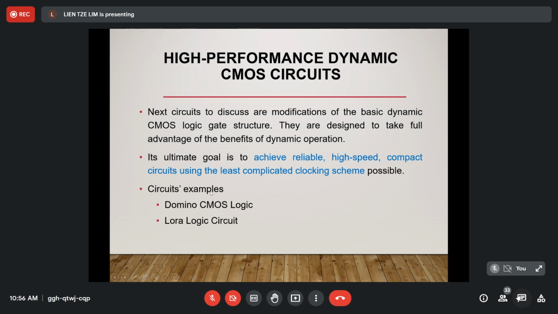The circuit examples are the domino CMOS logic and the LoRa logic circuit. So these two circuits are modifications based on the basic dynamic CMOS logic circuit. The basic one is the one that I showed you previously.